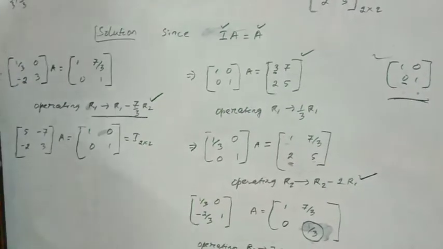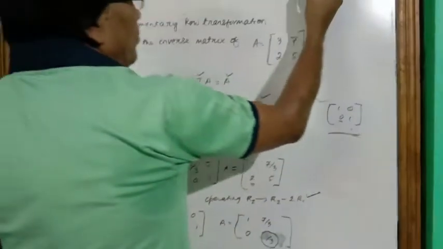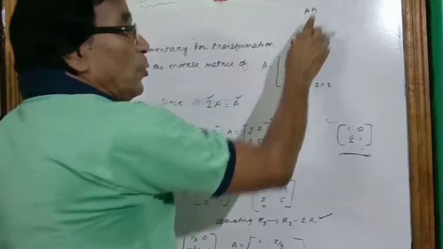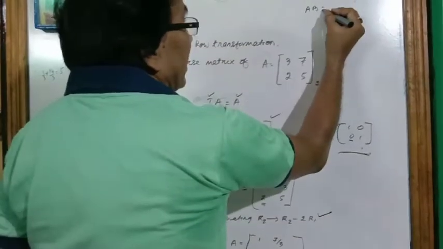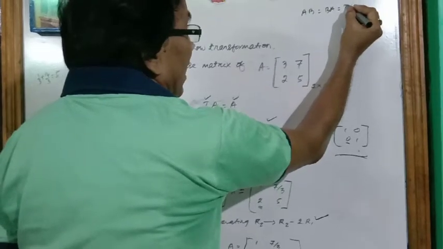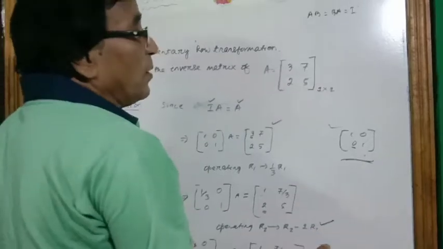Now here you see, according to the definition of inverse matrix, we know that A and B are two matrices such that AB is equal to BA is equal to the identity matrix I. Then either is said to be the inverse of the other.